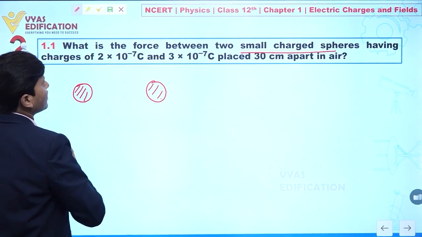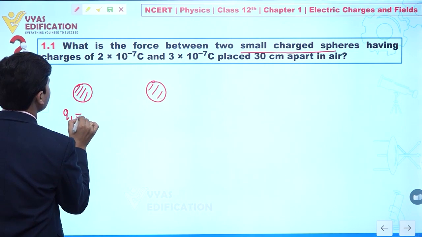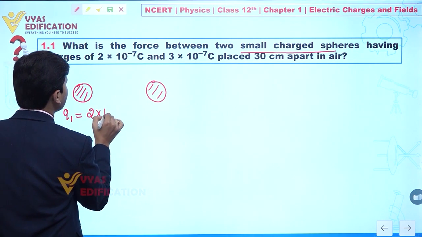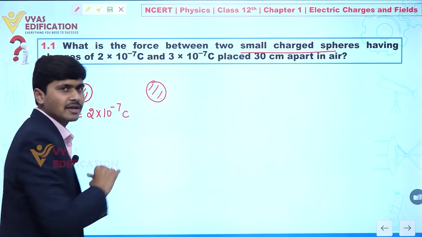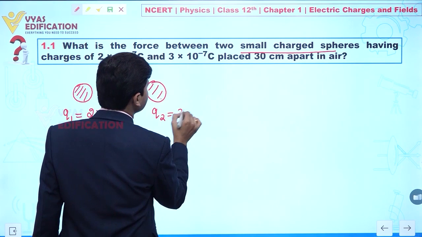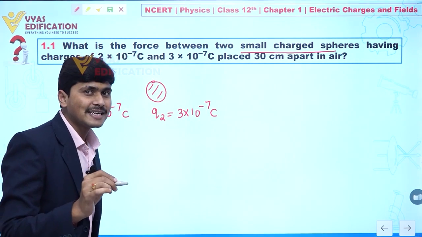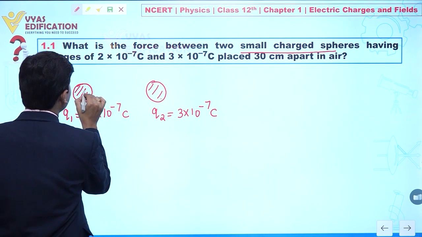Let's suppose this is Q1, equal to 2 into 10 to the power minus 7 coulomb, and this is Q2, 3 into 10 to the power minus 7 coulomb, clear? They are placed 30 centimeter apart in air.